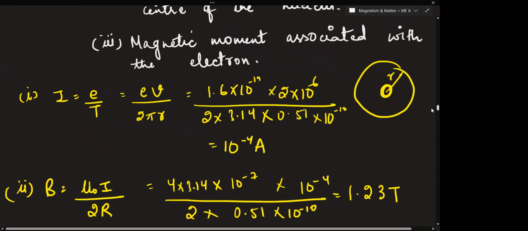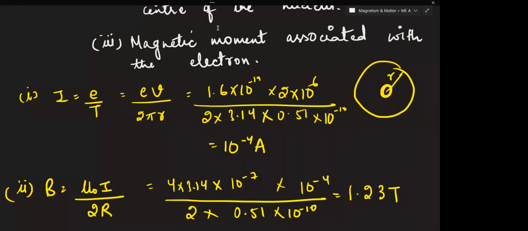Last part is the magnetic moment associated with the electron. What's the formula of magnetic moment?